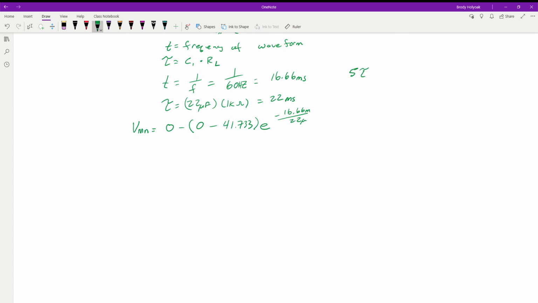Okay, so now we have this value. We're going to plug this into our calculator. What this comes down to is 0 minus 41.733 times e to the negative 16.66 milli divided by 22 milli.